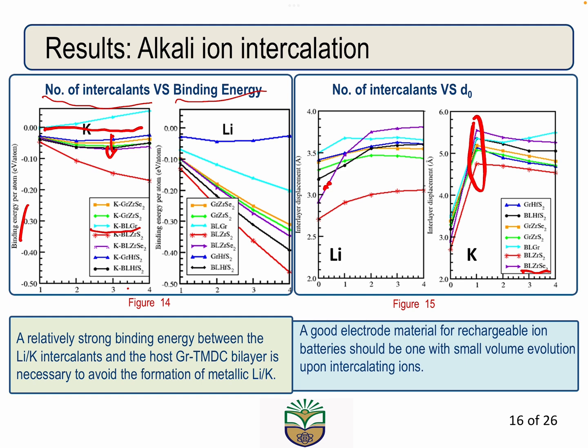However, we find that except for the bilayer graphene, all the other systems, upon intercalation of more ions, kind of contract, and this assures us that our system would be expected to maintain its integrity even after intercalation of more ions.